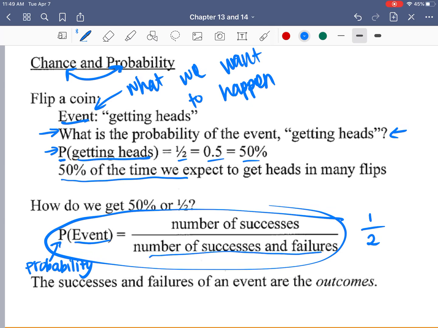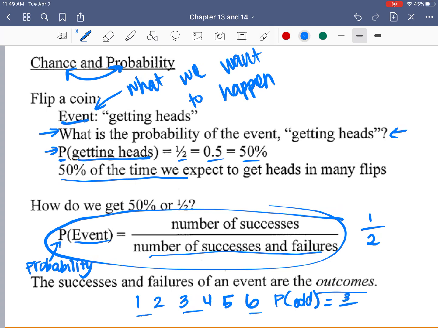And this bottom, the number of successes and failures, that's also called the number of outcomes. That's how many possible outcomes you can get. So if you're rolling a die, your options are 1, 2, 3, 4, 5, 6. So if you want an odd number, the probability of getting an odd is equal to 1, 2, 3.